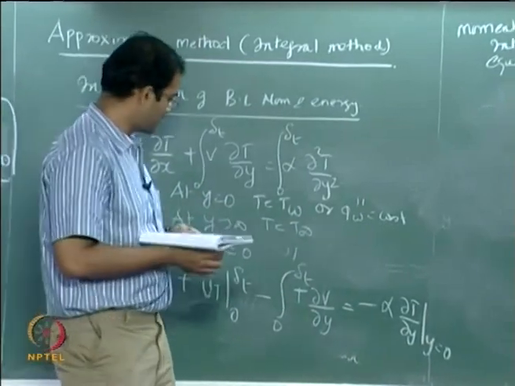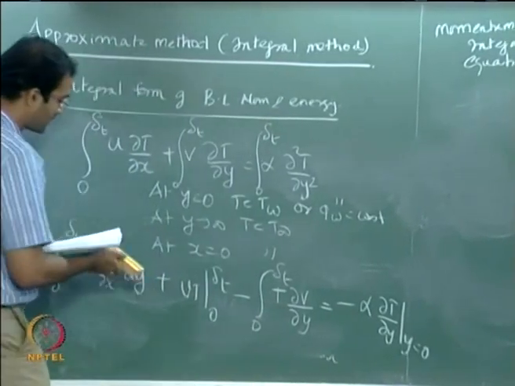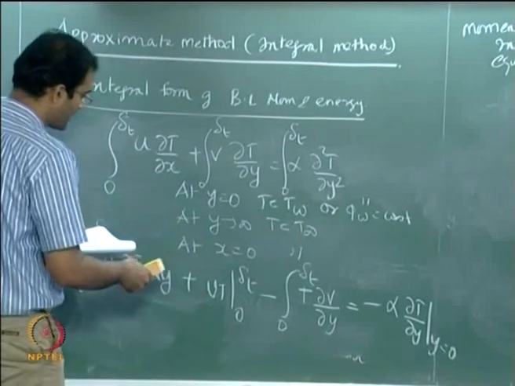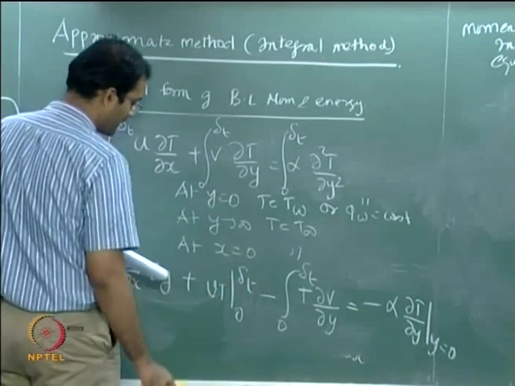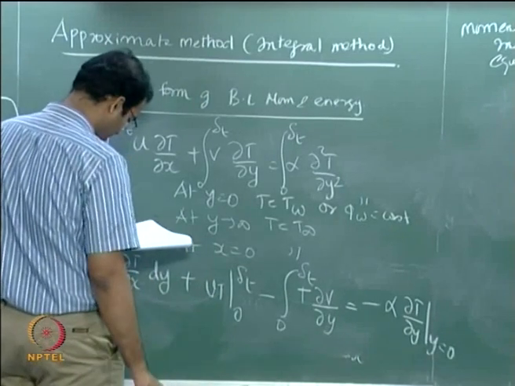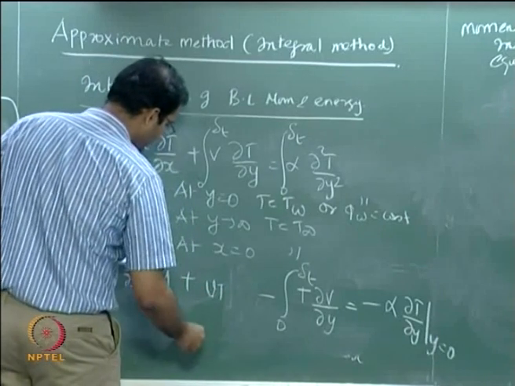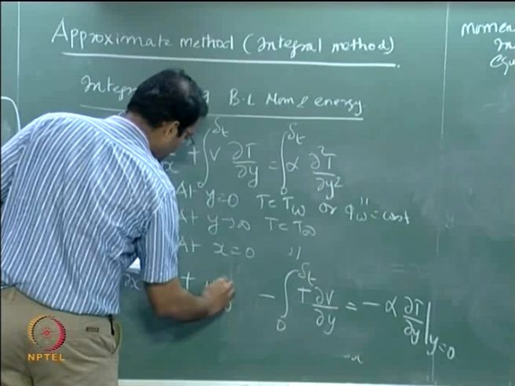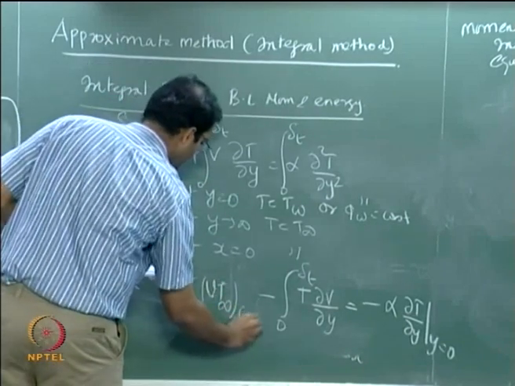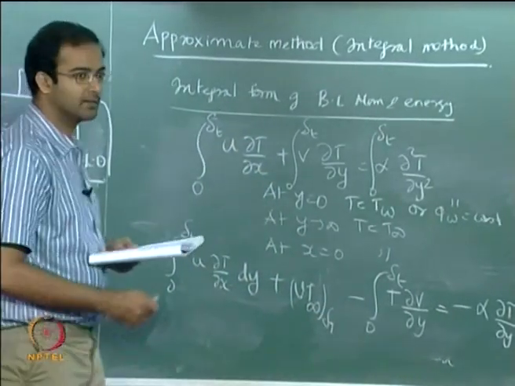Now this particular term, at y equal to 0, v is 0, so this will be valid only when you look at y equal to delta T, where once again T will become T infinity there. So at delta T this will become T infinity. Is that fine?